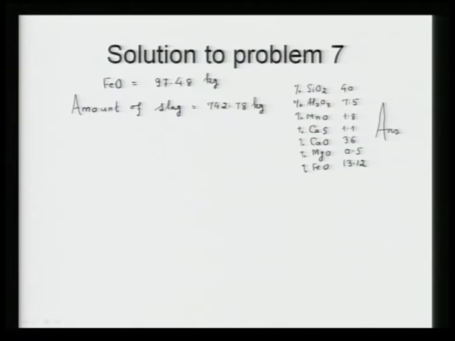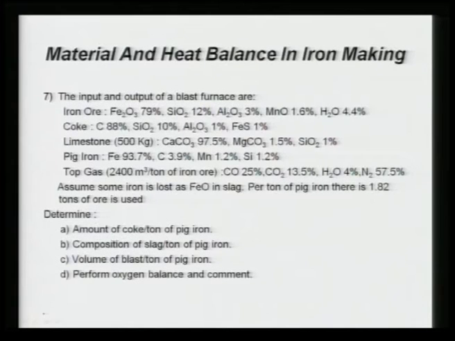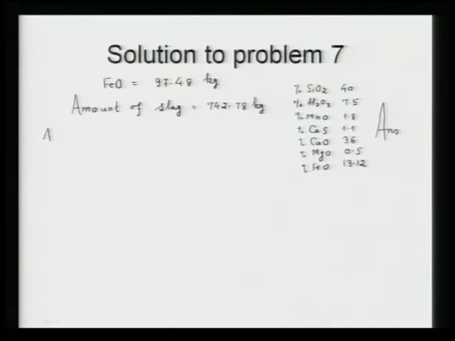Now, the next part says you have to calculate the amount of air and then make an oxygen balance and comment on the result. So, in order to calculate the amount of air, we know the amount of top gas.